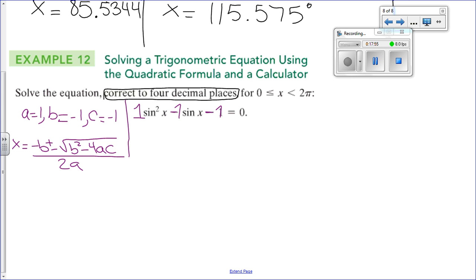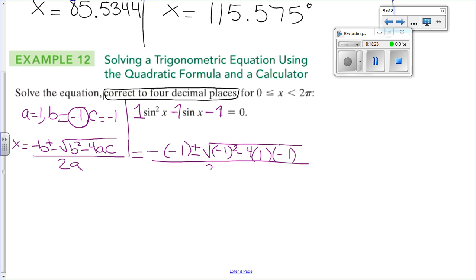And of course, we need to substitute, right? So b is negative already, so we have negative times negative, plus minus the square root, and then b is negative 1, we have to square it. Then we have minus 4 times a, which is 1, times c, which is negative 1, all over 2 times a, and a is 1.